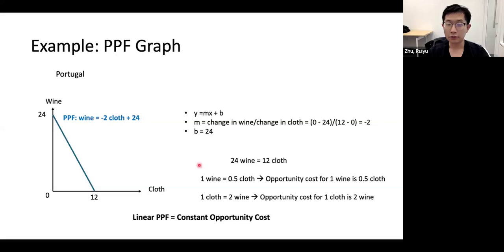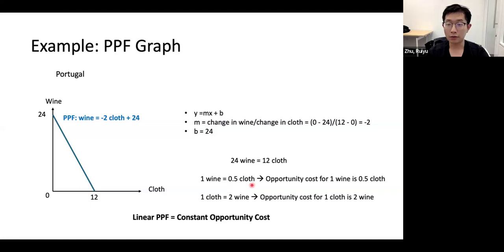For opportunity cost, the 24 y and 12 cloth are equalized in resource terms because they use the same resource, the same work hours, to produce. So 1 y should be equal to 0.5 cloth.